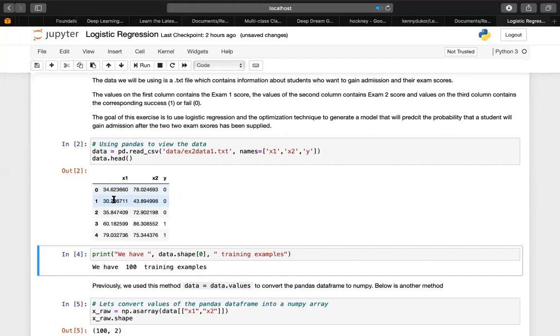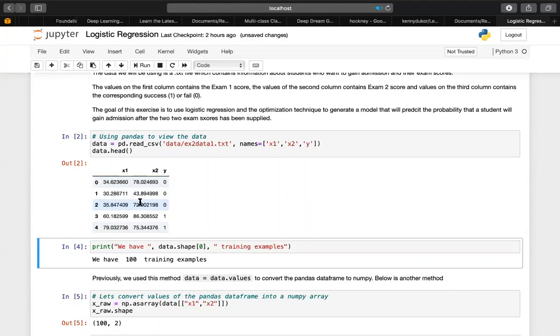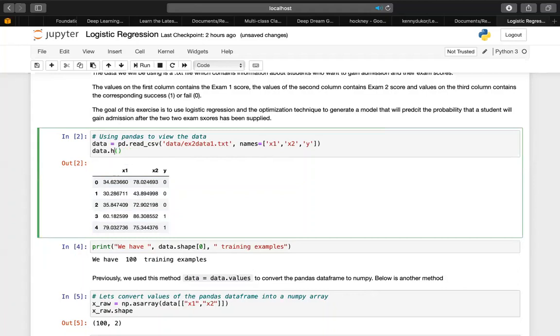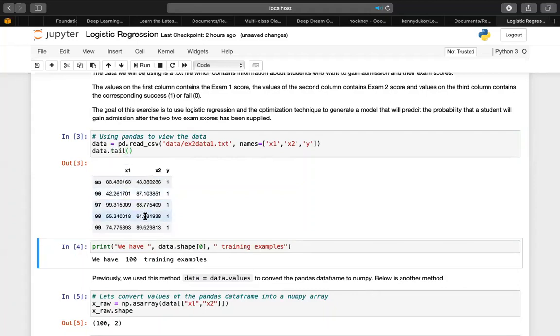He failed the first exam and passed the second exam. This person failed both exams, so of course he shouldn't gain admission. But surprisingly, we have 2 cases where the person did very well in the second exam and very badly in the first exam, and still didn't gain admission. Let's see what happens at the end.